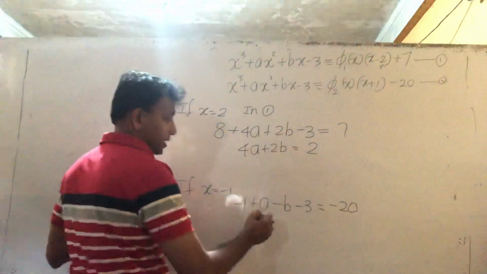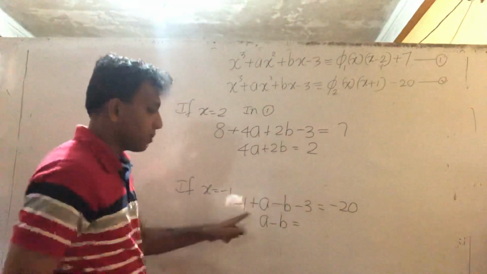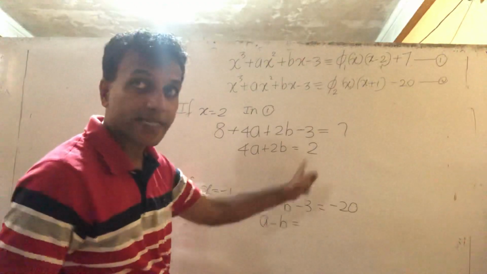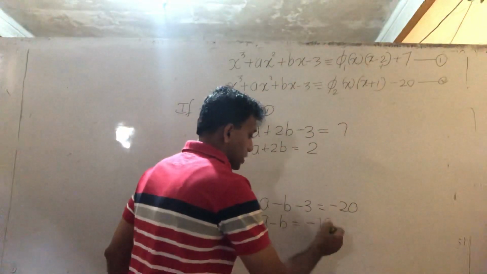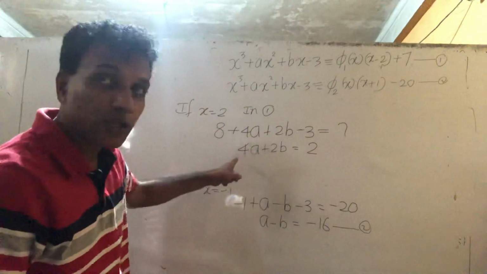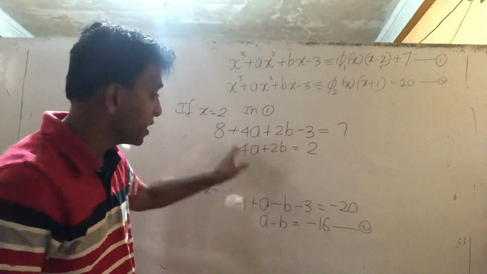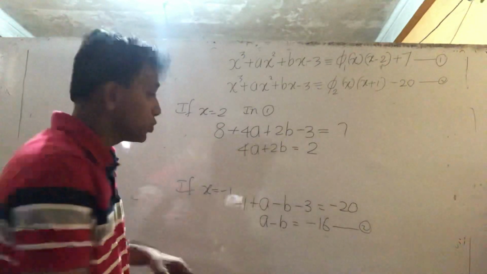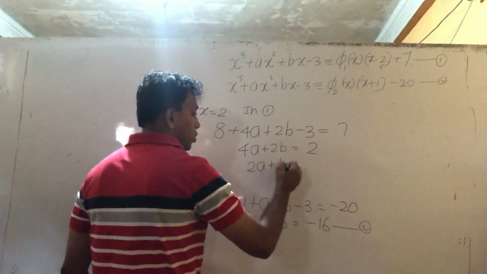I can say a minus b equal to what? Here minus 4. Minus 4 on that side, plus 4, therefore minus 16. This is my second equation. Then you can divide by 2 here. Now see, here my a, 1b, better divide by 2 everywhere. Divide by 2, so 2a plus b equal to 1.